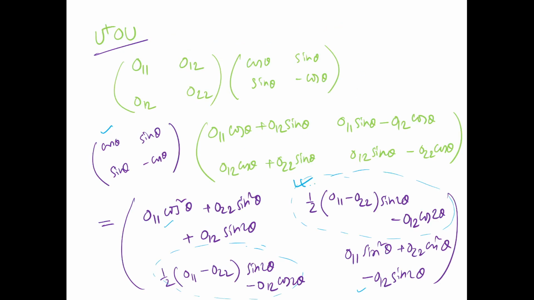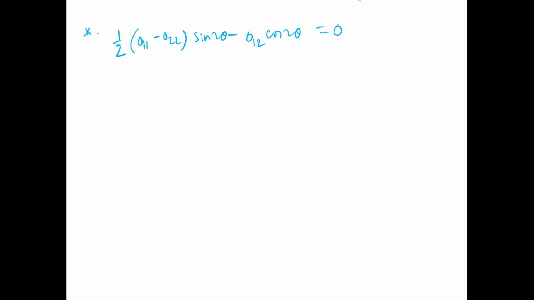So this term we are putting equal to 0 for a certain value of theta. Now if we solve it, we have half O11 minus O22 sin 2 theta is equal to O12 cos 2 theta.